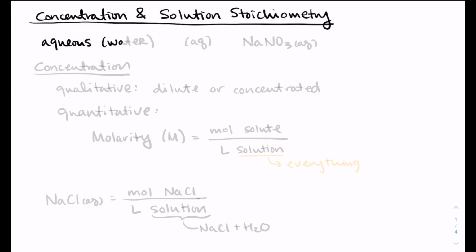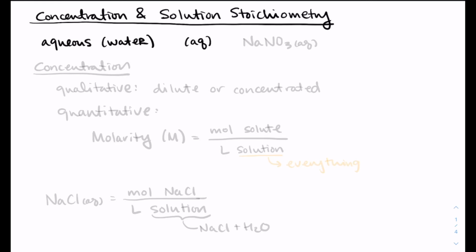You'll also see this when we get into writing reactions. So if I had a solution of sodium nitrate, I would communicate that by writing NaNO3 and then (aq) in parentheses after it.